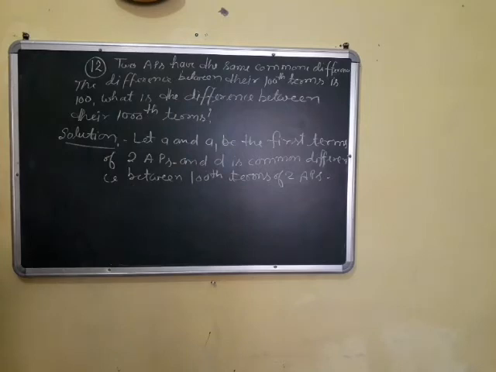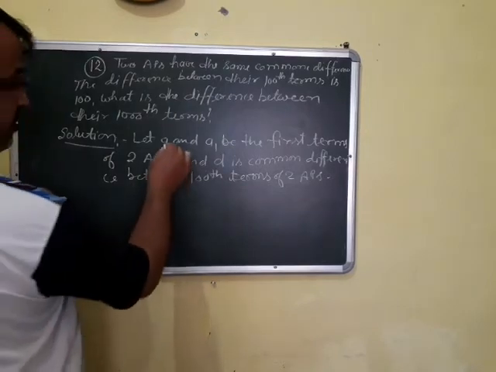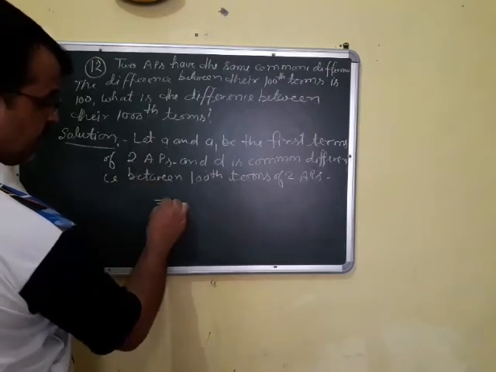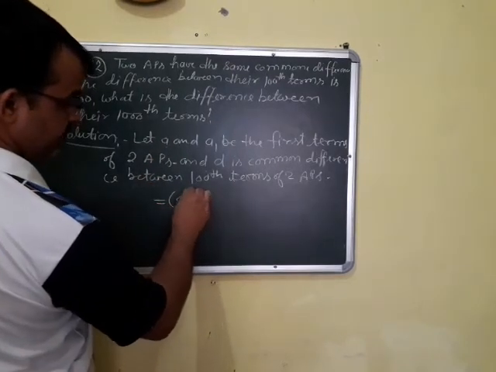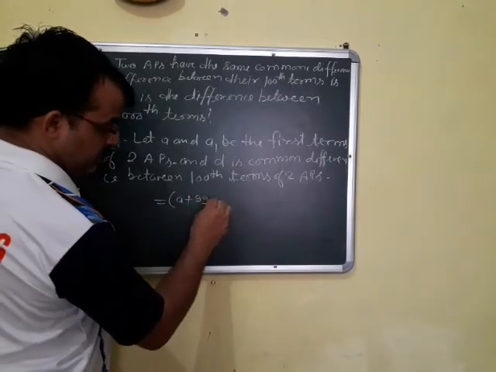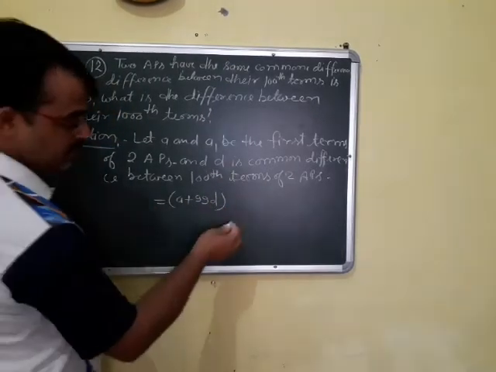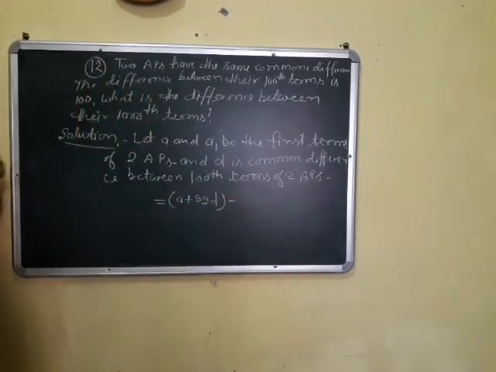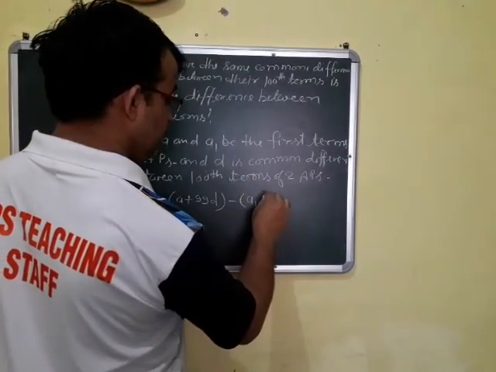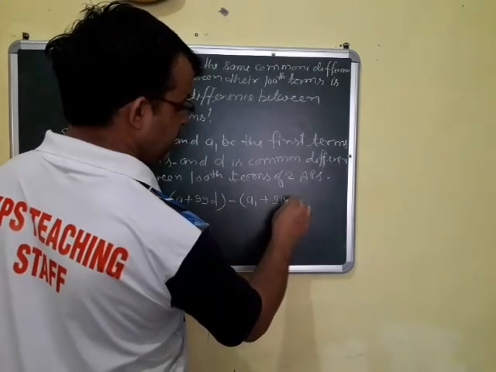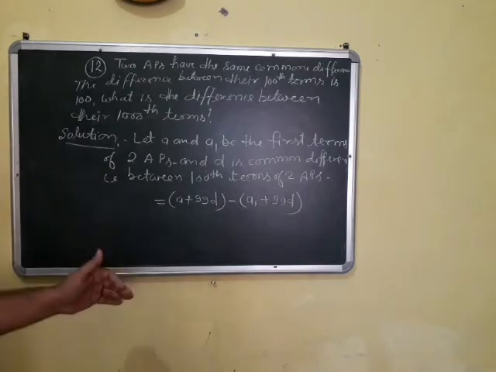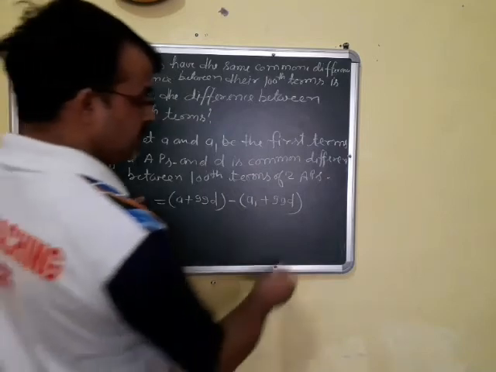So for the two APs, the first term is a, so the 100th term is a plus 99d, and the other is a1 plus 99d. Now what is happening, what difference do we get for both?